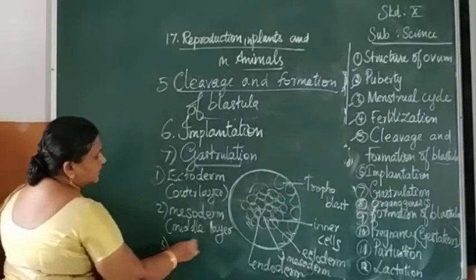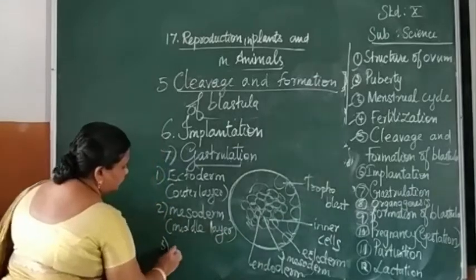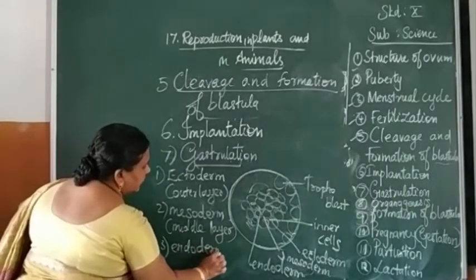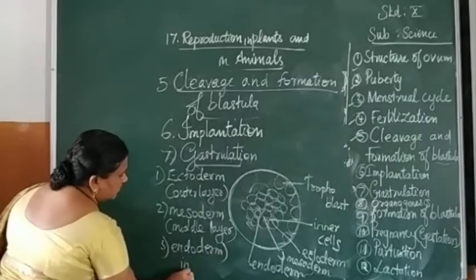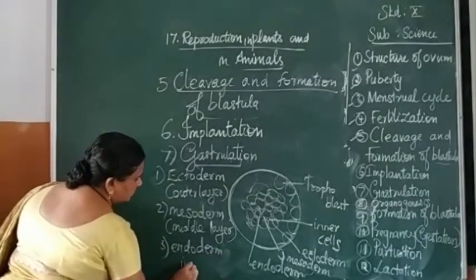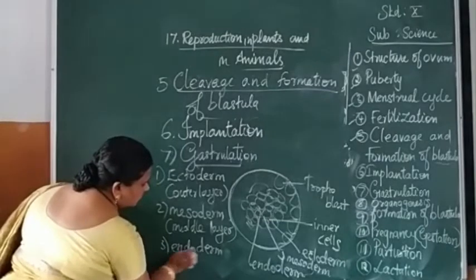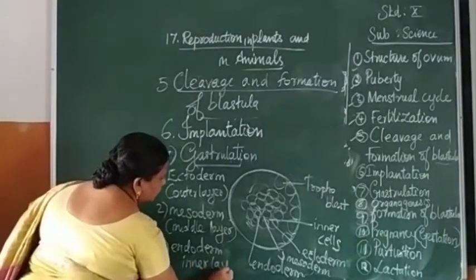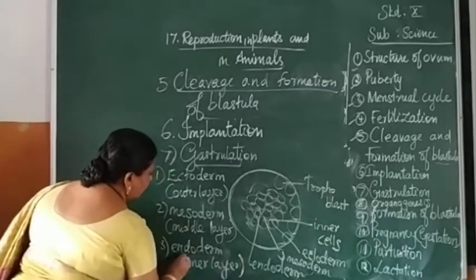The third one is the endoderm, that is the inner layer. So three layers are formed now.